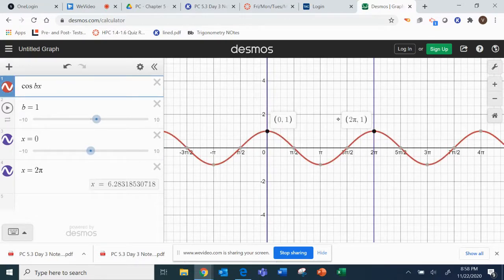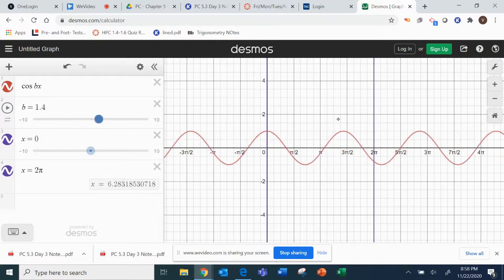That's one cosine graph. Now, what I'm going to do is I'm going to change that b value. I'm going to put on a horizontal shrink and make it into cosine 2x. So I'm going to grab that b and I'm going to move it up to 2.